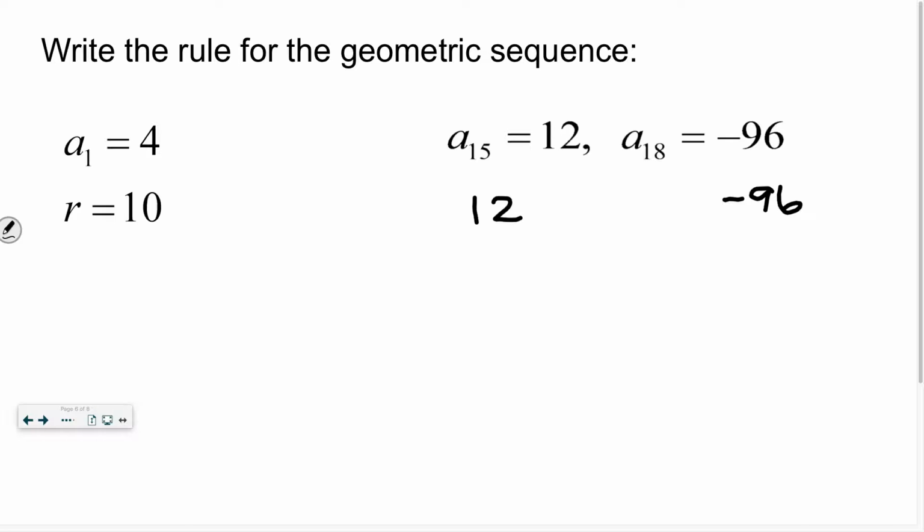And this was the 15th term, and this was the 18th term. So what would be in between those terms? The 16th, 17th term. And there'd be all the terms before, right? So you might think about it like that.